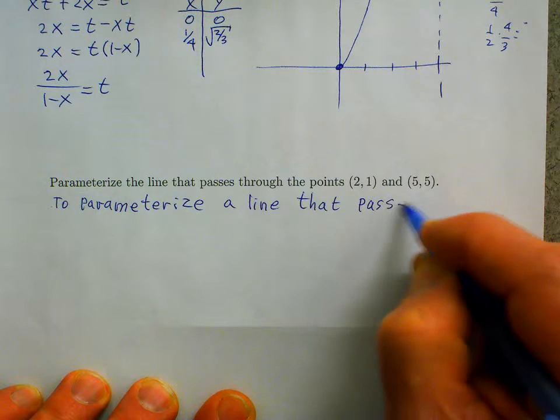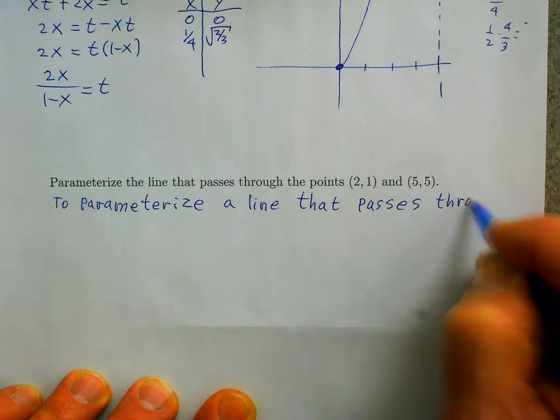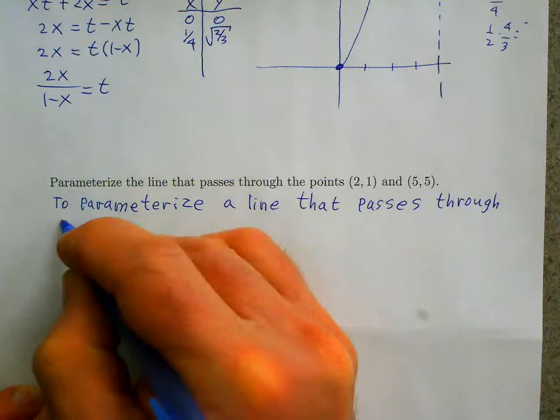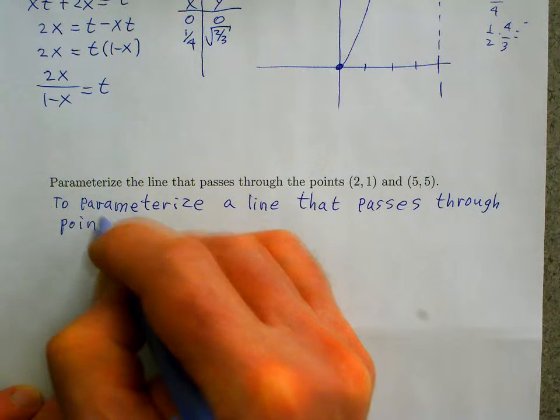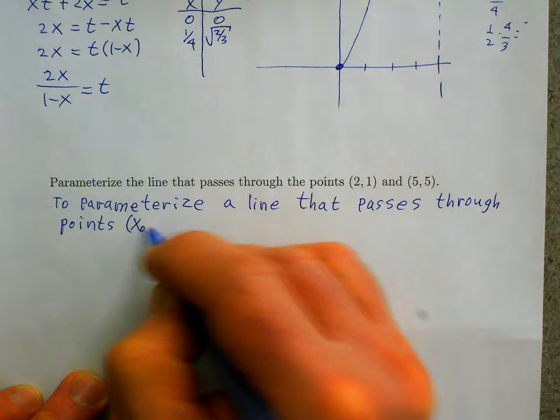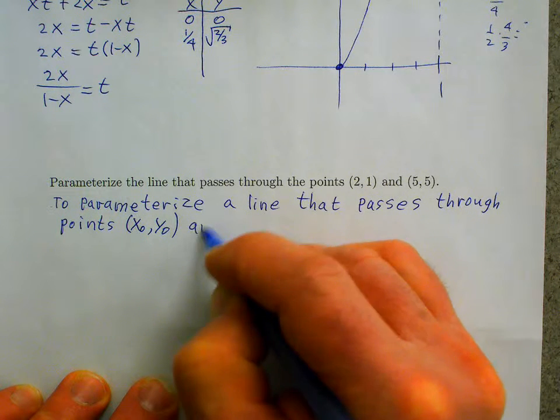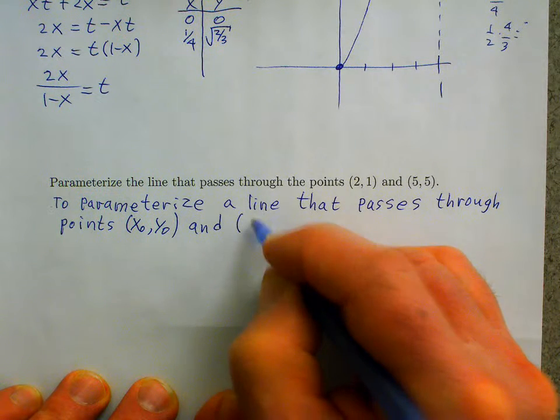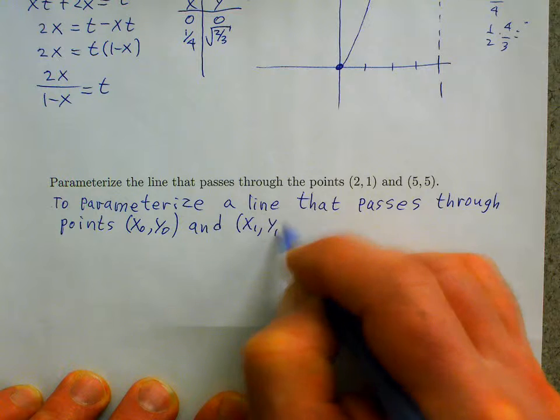that passes through points x sub 0, y sub 0, and x sub 1 and y sub 1.